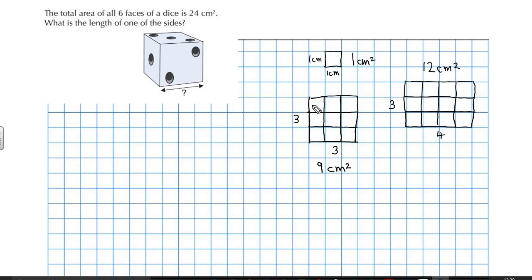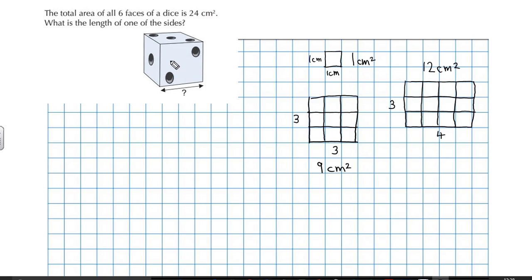Let's check how many of these little centimeter squares I have got. 1, 2, 3, 4, 5, 6, 7, 8, 9. So that is how I can calculate the area of a square or a rectangle: multiply one length by the other length, or the length by the width. So that's my recap of area.